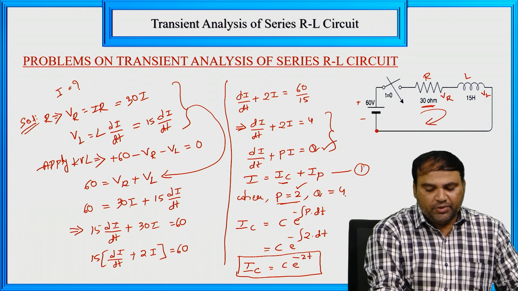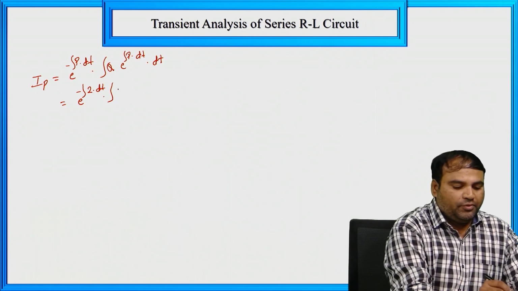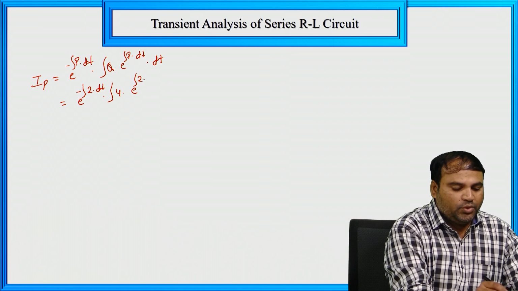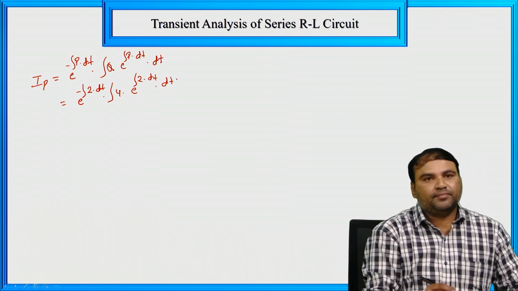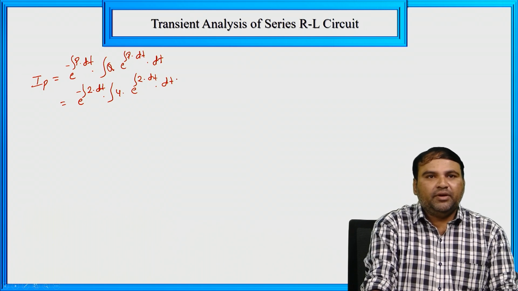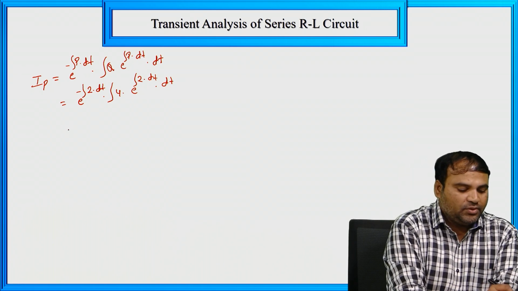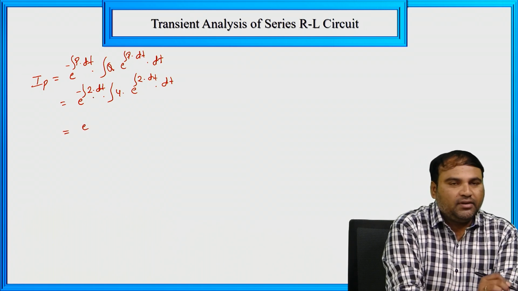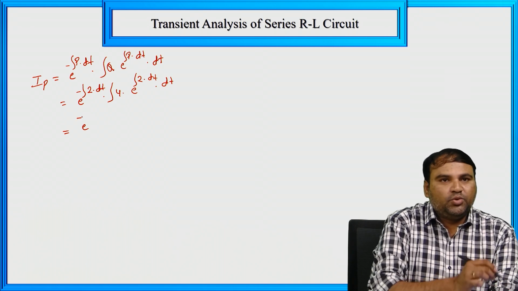So what is q here? 4. So 4 into e power integral of 2 into dt into dt. So now here we have to simplify the equation. So that is equal to e power minus, so 2 is constant.